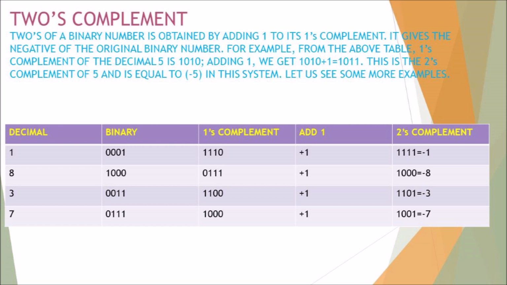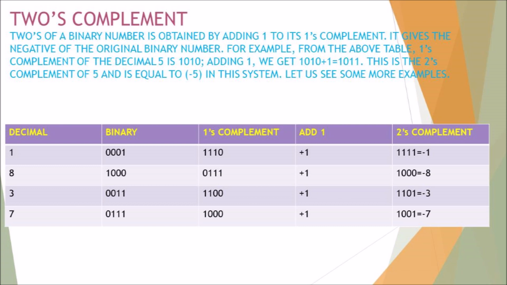For example, in the previous table we have seen that for the binary number 0001, the 1's complement is 1110. That is, we inverted all zeros and ones, and now we are going to add 1. We have to add 1 in the 1's place, the rightmost bit.